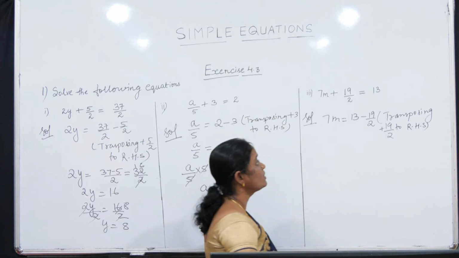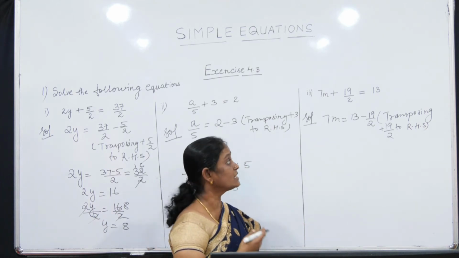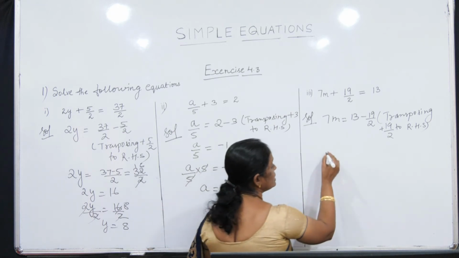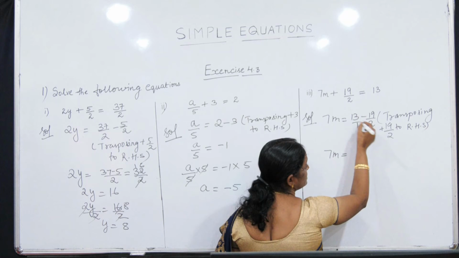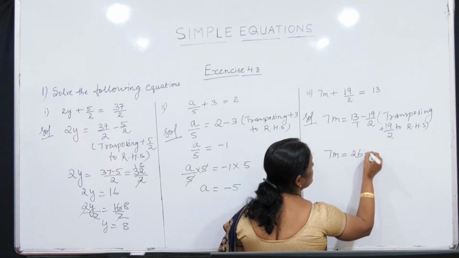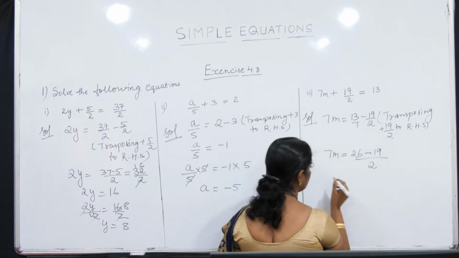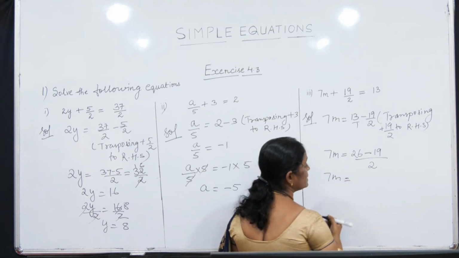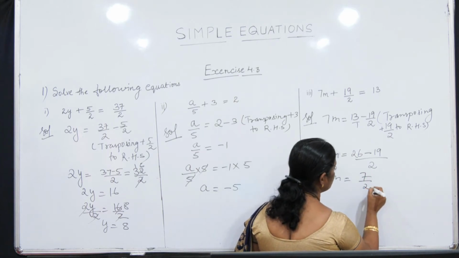When we transpose plus 19 by 2 to the RHS, the sign changes, and it becomes minus 19 by 2. So 7m is equal to, cross multiplying, 13 2s are 26 minus 19, over 2. So 7m is equal to 7 by 2.